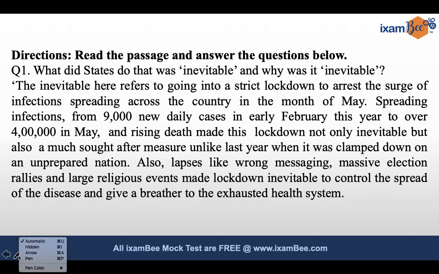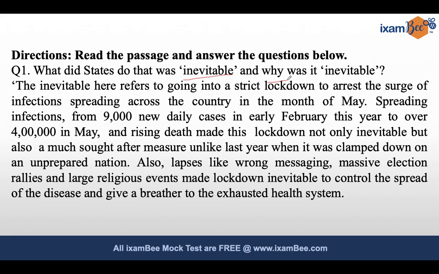So let's read the question first. The first question talks about what did the states do that was inevitable, and why was it inevitable? So our keyword here is inevitable and why. So what we're looking for, the keyword is inevitable and why was it inevitable.